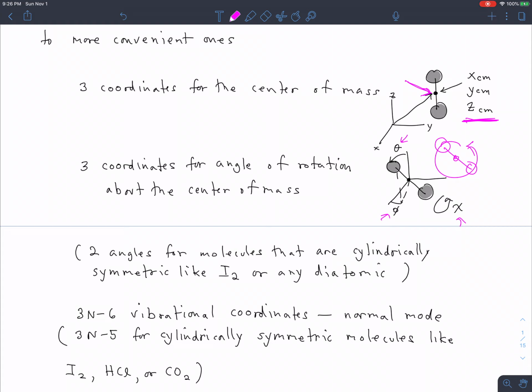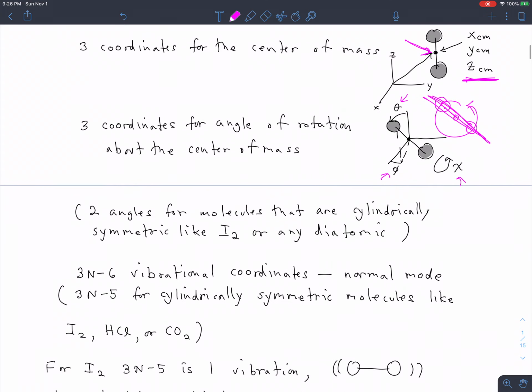But for a homonuclear diatomic like this, or any cylindrically symmetrical molecule, in fact for any diatomic, and also for molecules like CO2 that are linear and therefore cylindrically symmetric, this last angle doesn't count because there's nothing to spin around that axis.